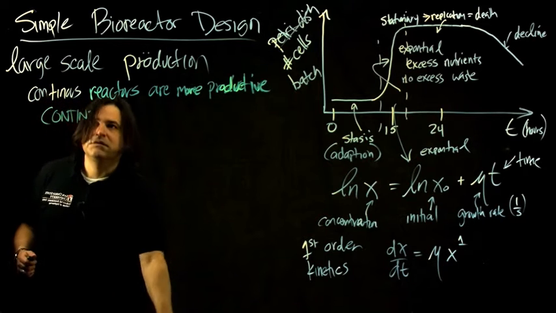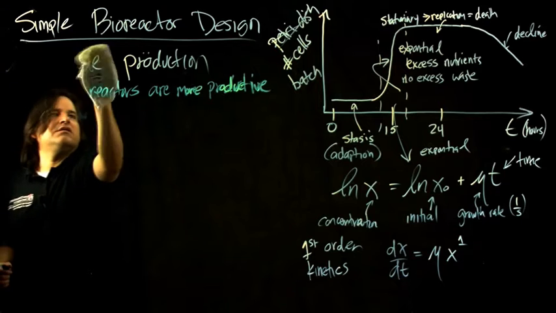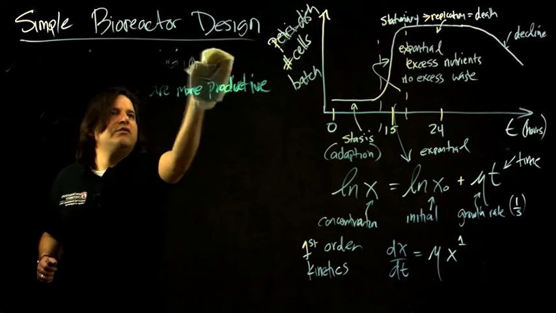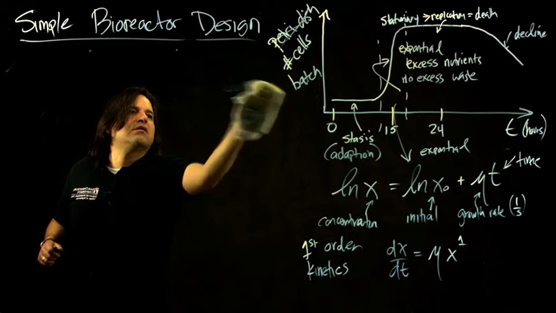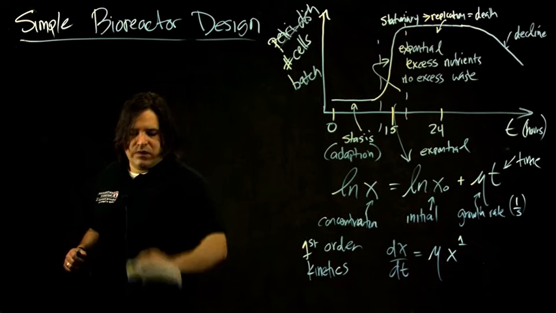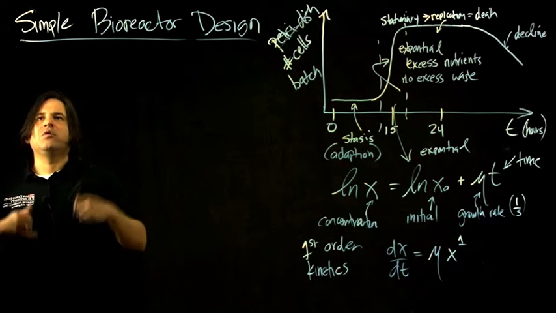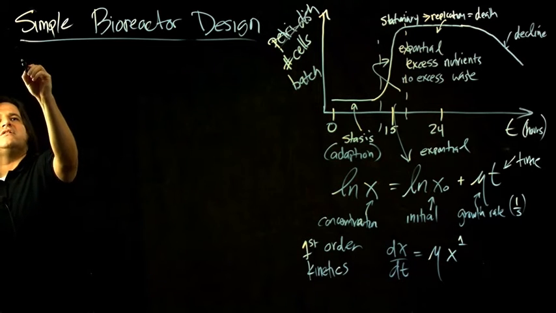Let me erase all this. So we're doing large scale production. We want continuous reactors. So how do we do that? Well, a common design is called the continuous stirred tank reactor. So it's a tank, but you're constantly flowing in and out. So it's a continuous process.